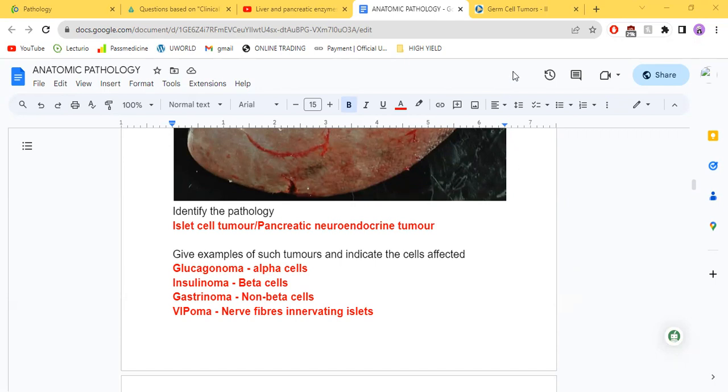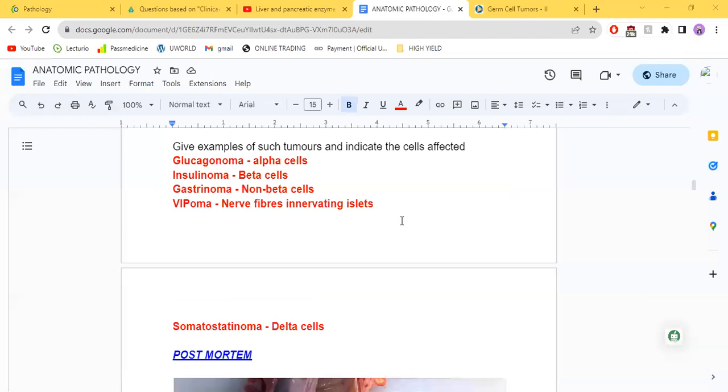And so tumors affecting these nerve fibers innervating these islets are what we call vipomas. Okay, so I think we've answered that. We can move to the next one.